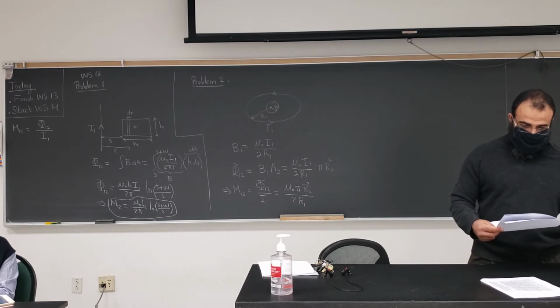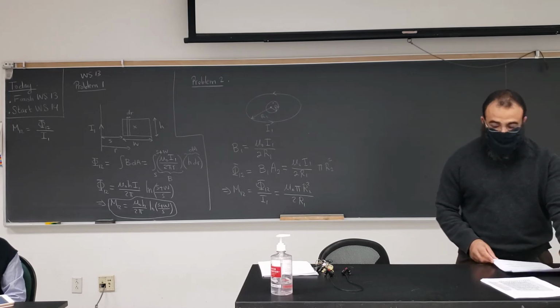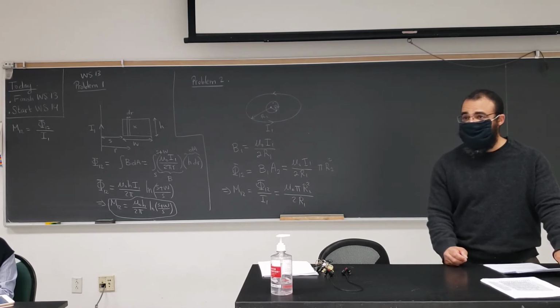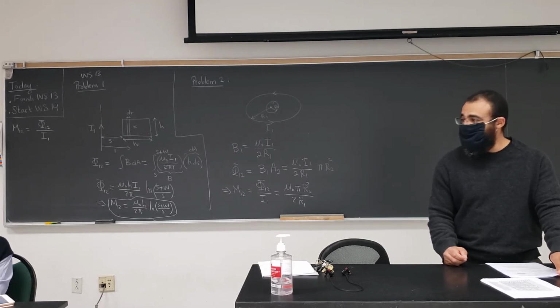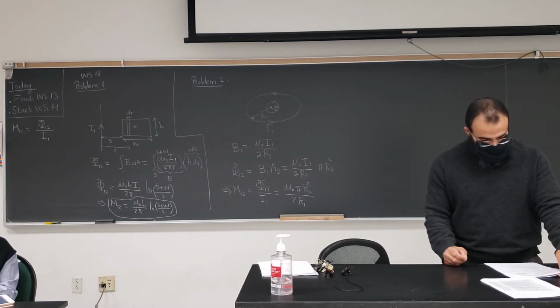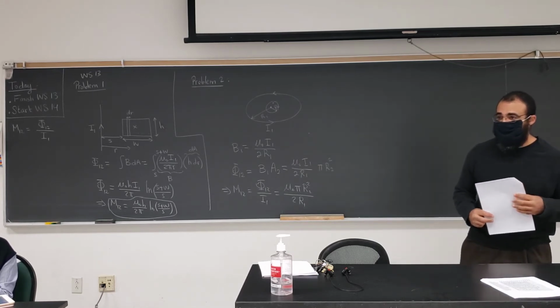Now we'll focus our attention on self-inductance, which is what we focused on in class. That's the one the book focuses on, but I didn't want to skip mutual inductance.